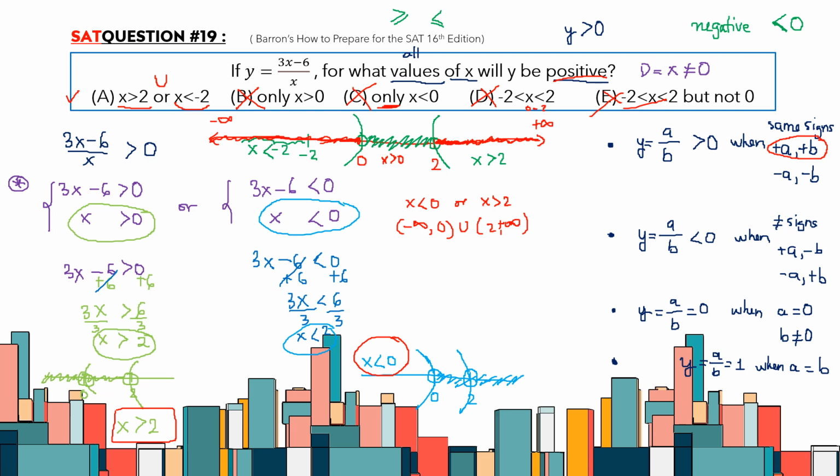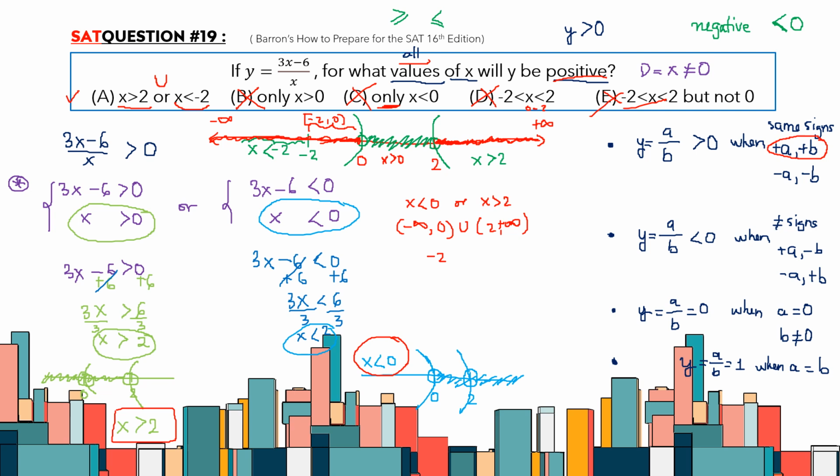They ask for the values of x that make y positive. But A is not all of the values, because we already see it lacks the part from negative 2 to 0.